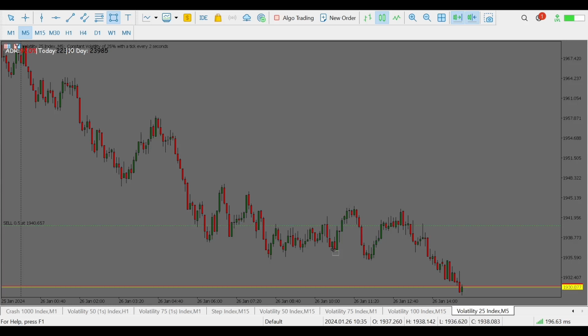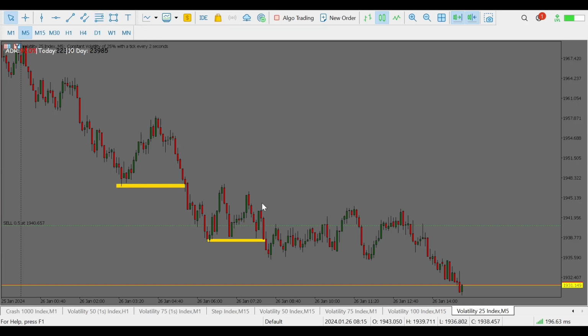Price was moving in a downtrend, breaking this low. Price also broke this low. When it broke this low, it came back and retested this order block, but it is too big for us to enter. As we said, we need smaller order blocks so that our stop losses are at a minimum size.